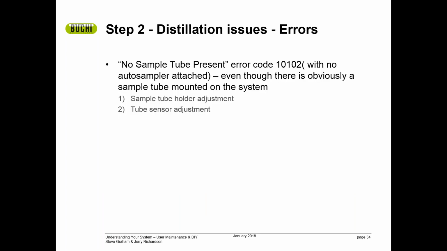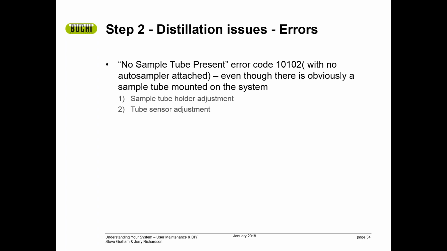Okay, a very common error that we receive a lot of calls about is no sample tube present, both on the K360 and the K375. Now, you can see that the sample tube is on the system and latched into the system, but you get a no sample tube present error. This is quite common.